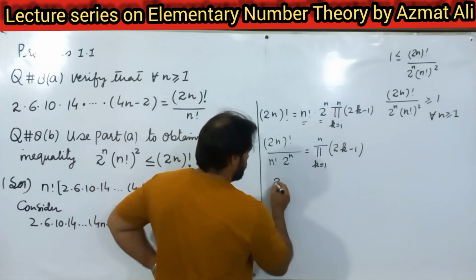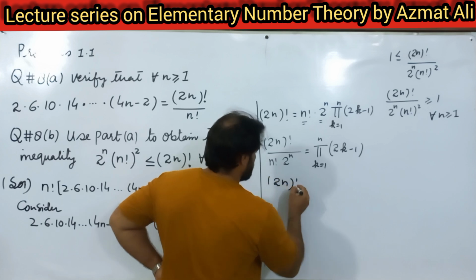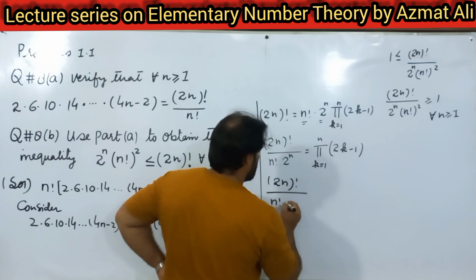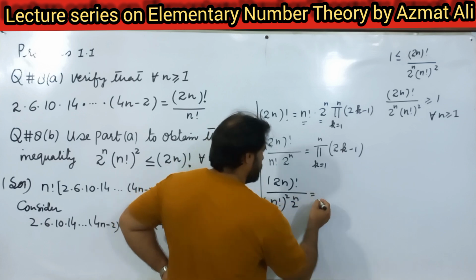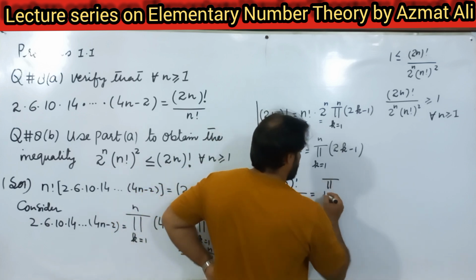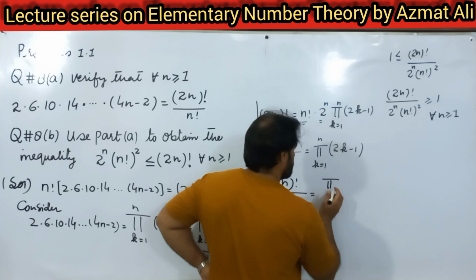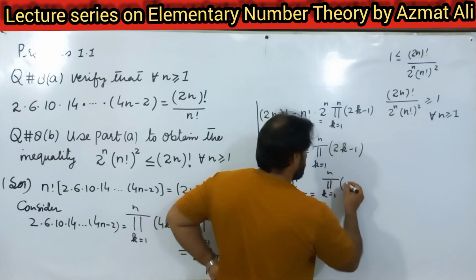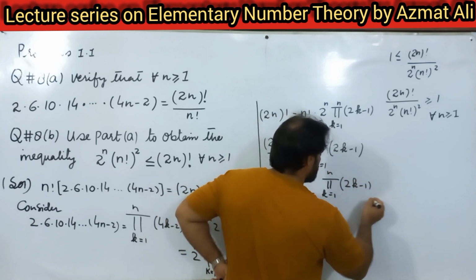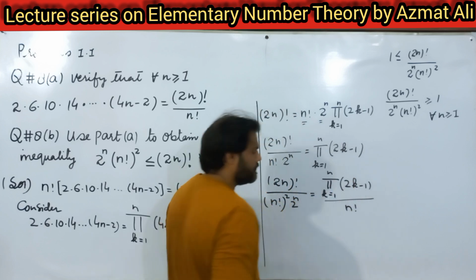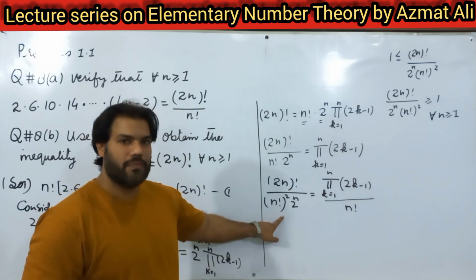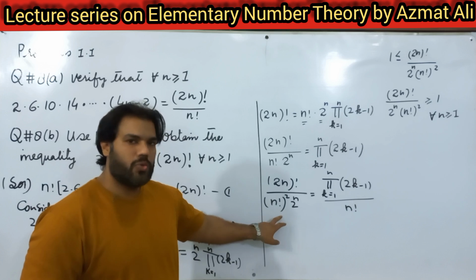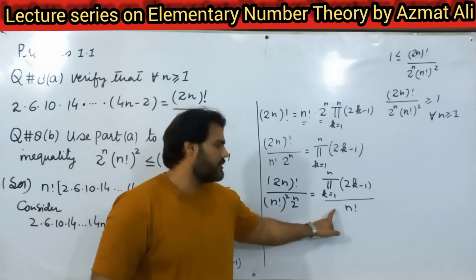This gives us 2n factorial over n factorial whole square into 2 raised to power n is equal to the product k is equal to 1 to n of 2k minus 1 over n factorial. We have to show that this side is greater than or equal to 1. This would be greater than or equal to 1 if and only if this is greater than or equal to 1.